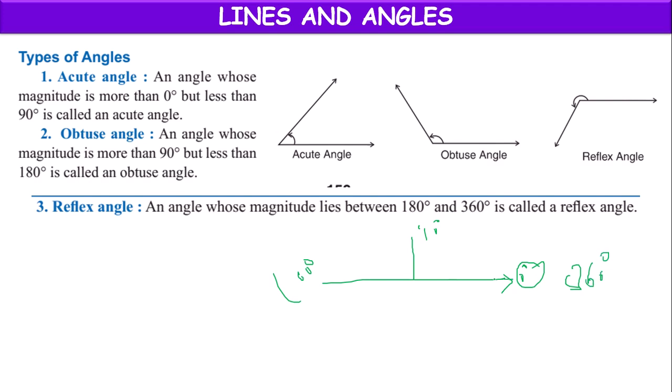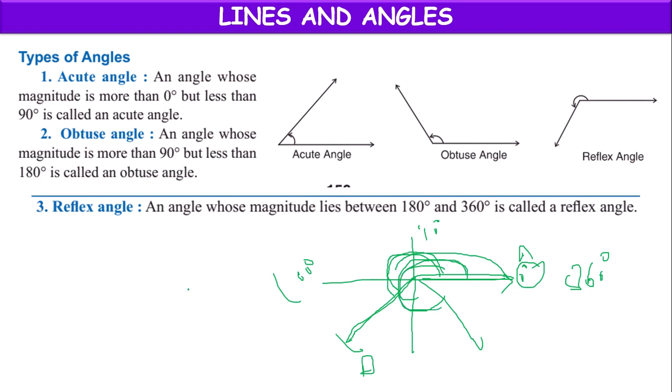If the angle made by the ray is, suppose this is the angle, greater than 180 degrees, this angle in anti-clockwise direction.